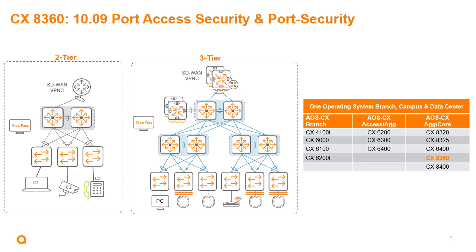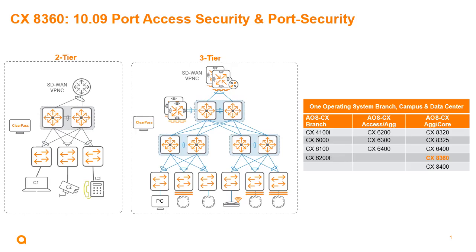So these switches get connected, as you know, to an aggregation or a core. Whether it is a traditional 2-tier architecture or a 3-tier architecture or the newest VXLAN based architecture, we have the right switches. When these access switches get connected to an aggregation or a core layer, those aggregation and core layers need to have port access security and port security features enabled.